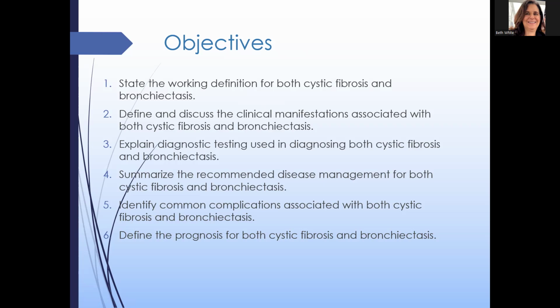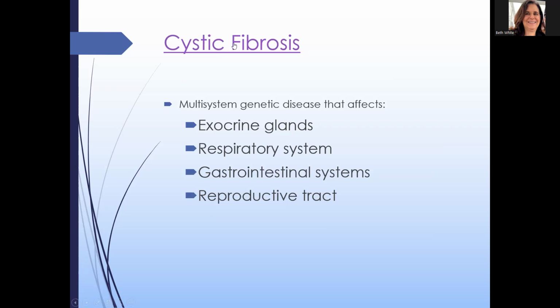Explain diagnostic testing used to diagnose CF and bronchiectasis. Summarize recommended disease management for both, identify common complications associated with both, and define the prognosis for CF and bronchiectasis patients. First thing we're going to do is watch a video on cystic fibrosis just to give you an overview.